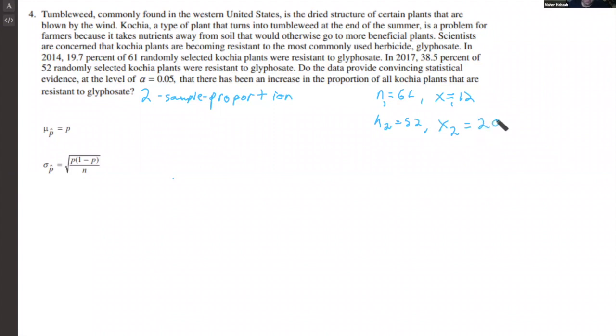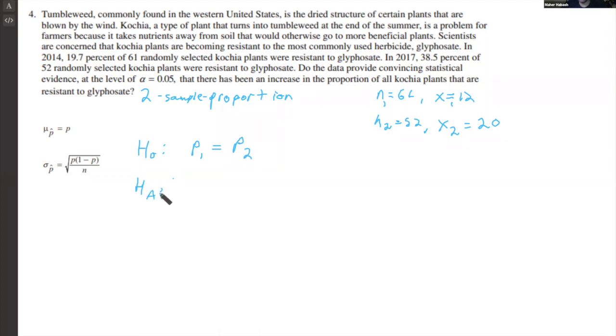So now let's go back to our 2 proportion z-test. Now X1, 12. N1, 61. X2, 20. N2, 52. And now it's saying, does the data provide convincing statistical evidence at alpha 0.05 that there has been an increase in the proportion? So our null hypothesis is that proportion 1 equals proportion 2.